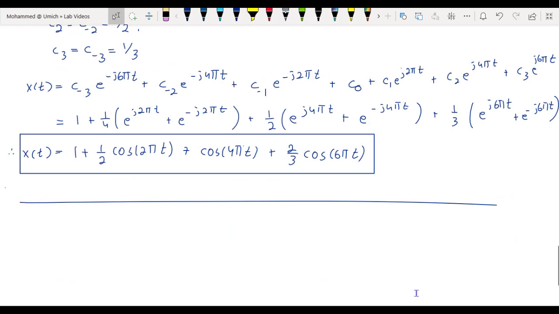Now it turns out that this equation here, x of t equals 1 plus 1/2 cosine 2 pi t plus dot dot dot, is an example of an alternative form for the Fourier series of real periodic signals. So suppose that x of t is a real continuous time periodic signal and can be represented using the complex exponential representation of the Fourier series. Then x of t equals the sum from n equals minus infinity to plus infinity of Cn e to the j n omega naught t.